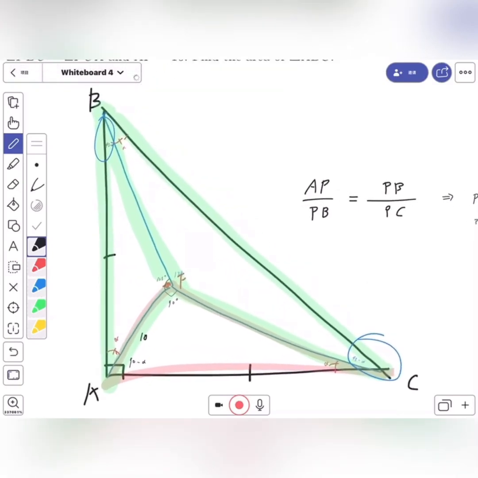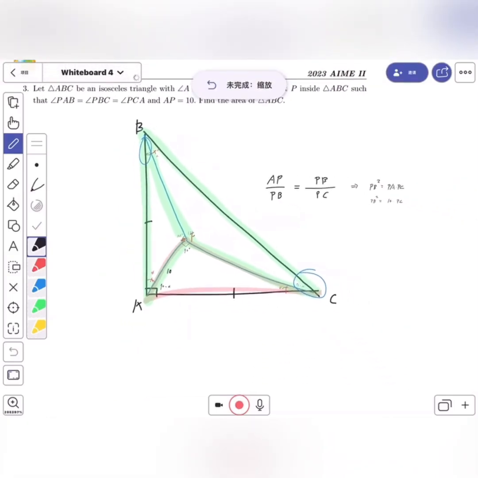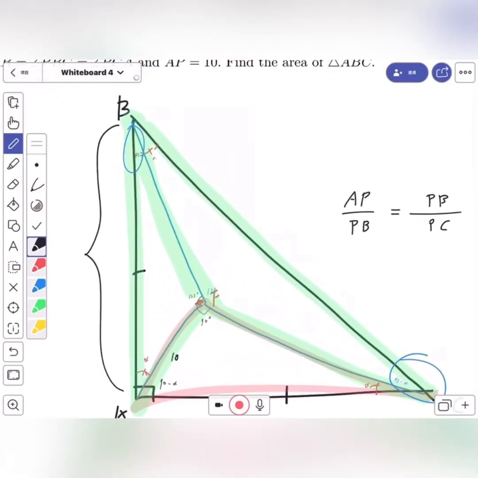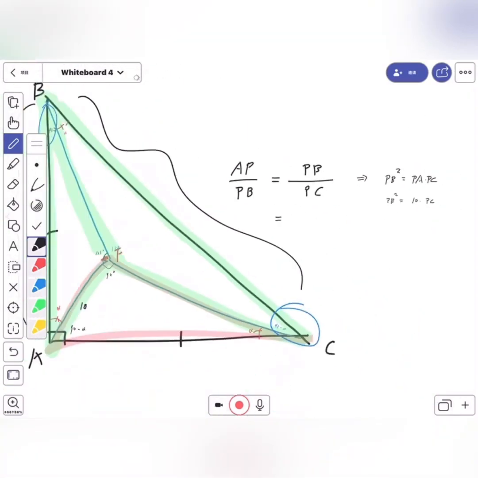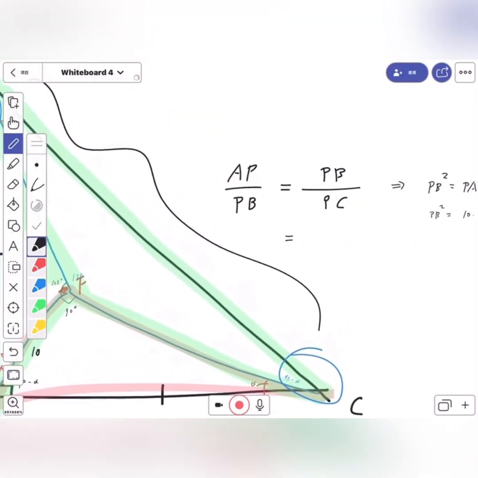So now, we know that these two triangles are similar, so essentially the last pair of sides, the exact ratio, is that the ratio of PA to PC is actually equal to AB over BC.